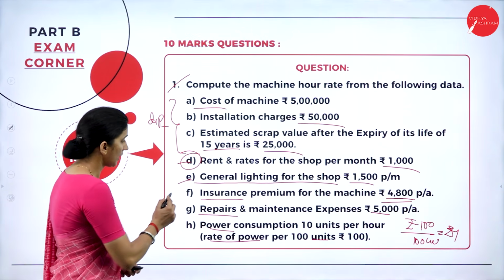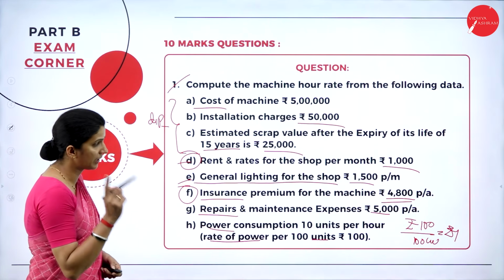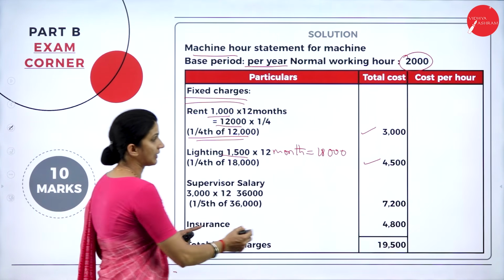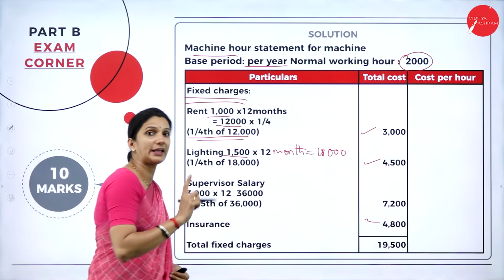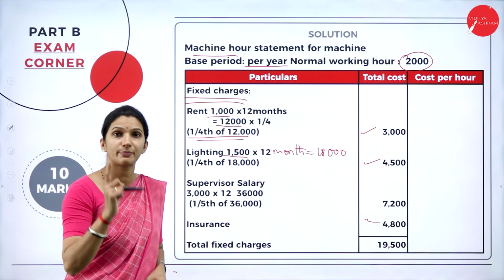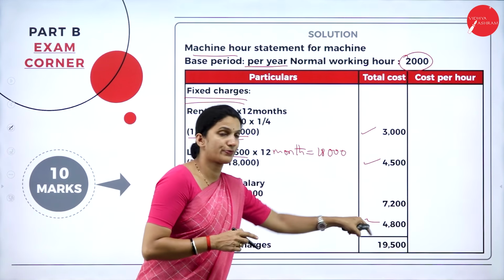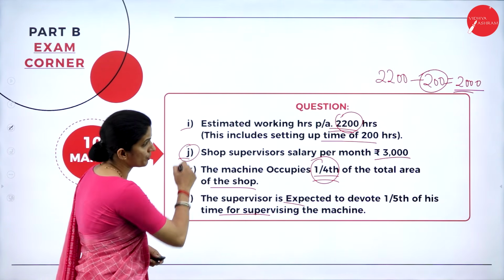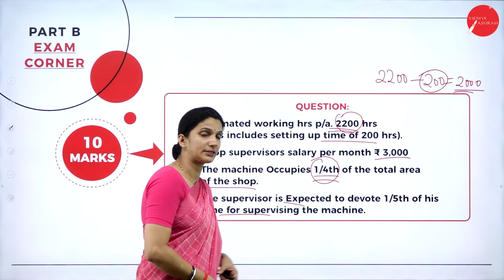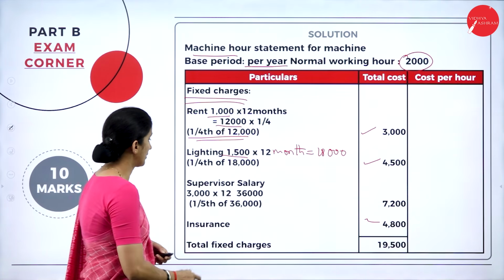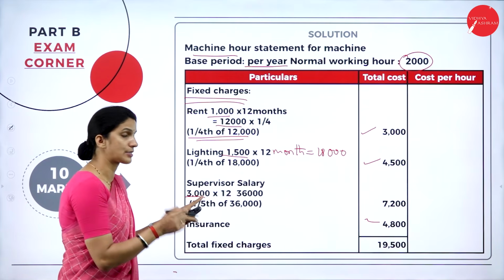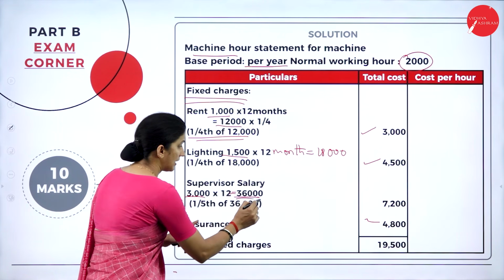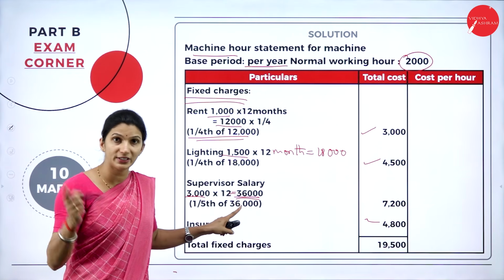Next, we have insurance premium for the machine. It is 4,800. We'll take it directly because it is assumed that the 4,800 insurance is paid for one machine. Then next we have shop supervisor salary per month. It is 3,000 per month into 12 months, so we'll get 36,000 for the whole year.